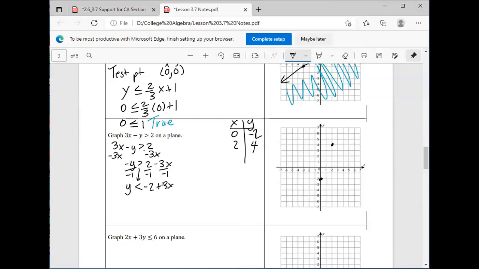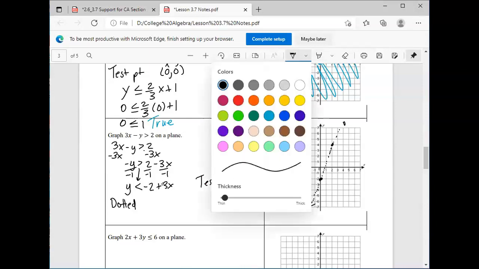And so this is going to get a dotted line because it does not have the equal to part. You guys are just going to have to excuse me right now because it's hard for me to draw on this little screen. Try to not make it too crooked. Okay, can I use 0, 0 as my test point?